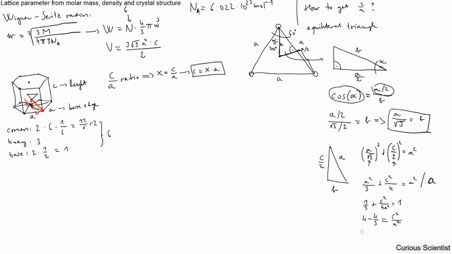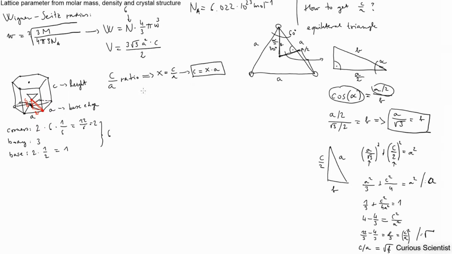So basically this is 12 thirds minus 4 thirds, which equals 8 thirds, C over A basically squared. So we just get rid of the square, so C over A is this one.